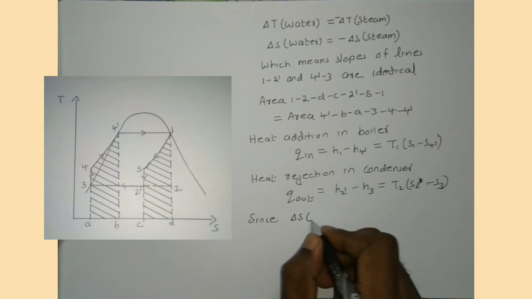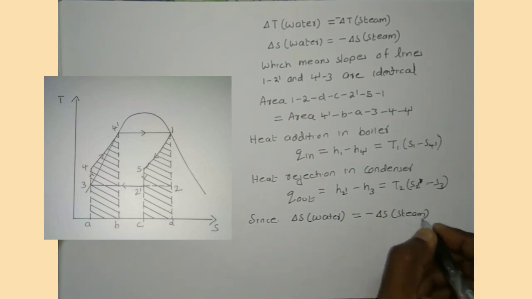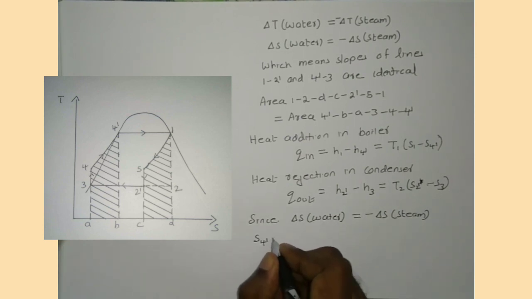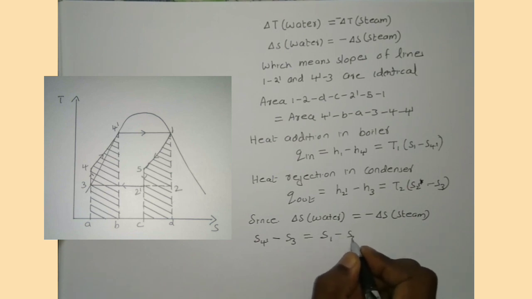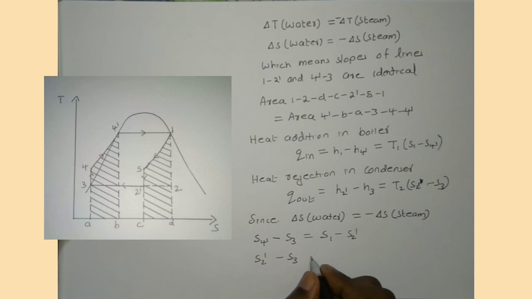Since delta S water equals minus delta S steam, we can write S4' minus S3 equals S1 minus S2'. That is, S2' minus S3 equals S1 minus S4'.